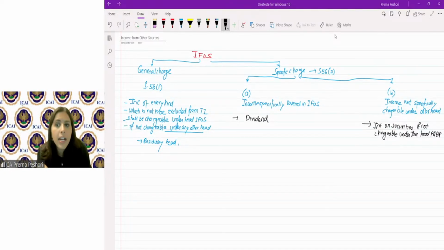Now, till the time it is pending utilization, for the construction of a capital asset or building or whatever, I deposit the surplus amount that I have in a fixed deposit. Whether it will be income from other sources or whether it will be PGBP. Yes.